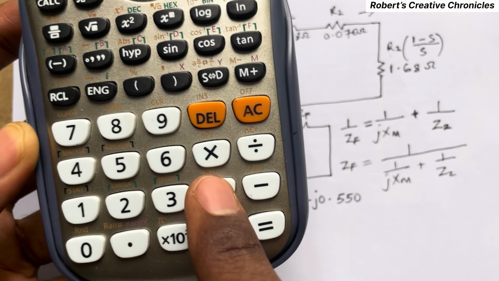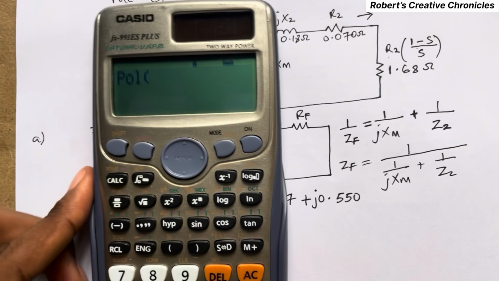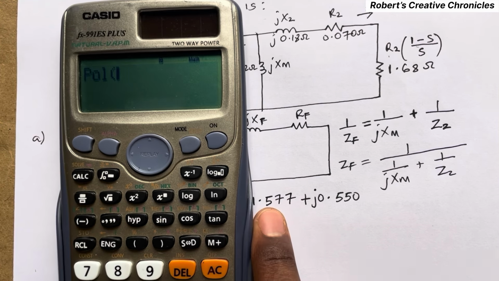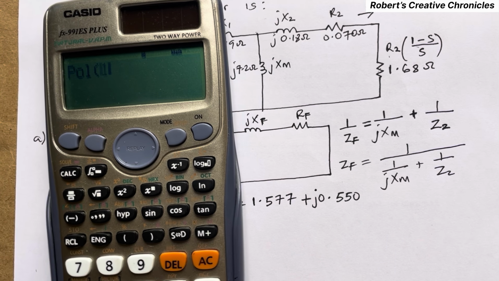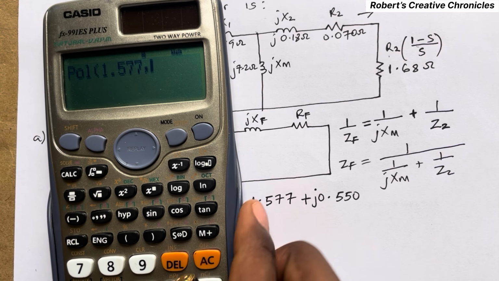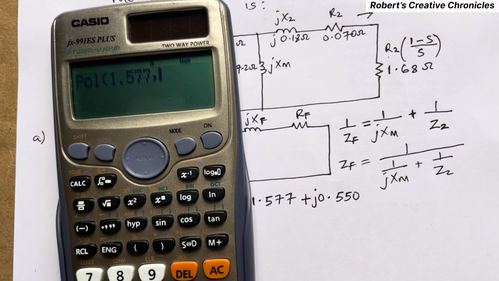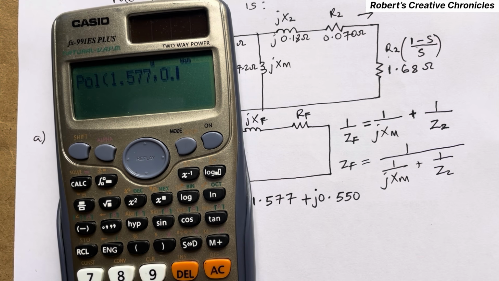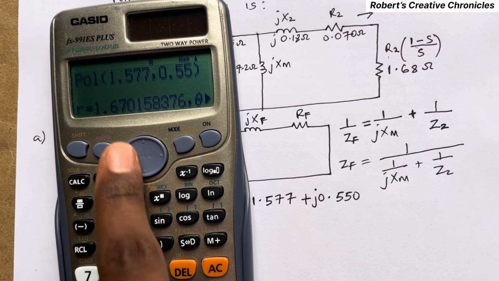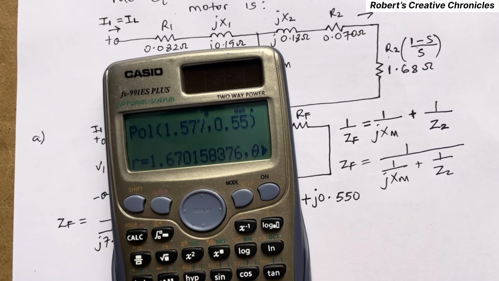Put the resistance first, then press shift and this comma, then 0.55. So we have converted it to polar form.